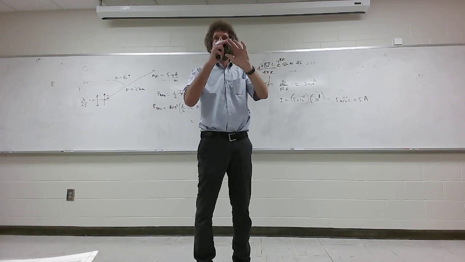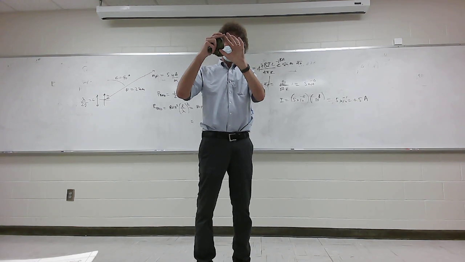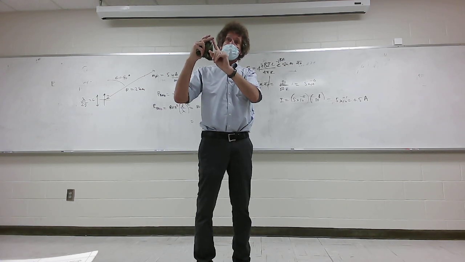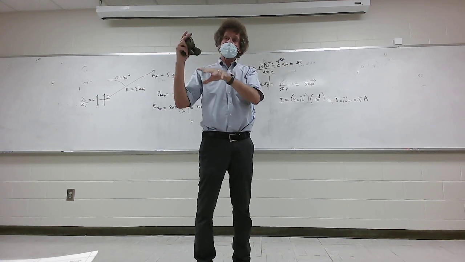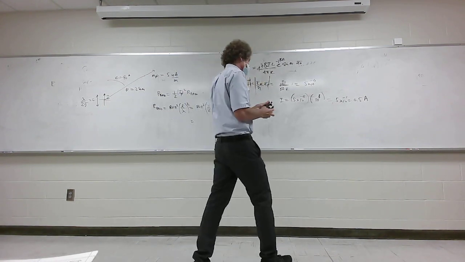Corona has to do with current. It's literally causing ionization very near the actual cylinder or point, and then it causes light emission. It'll be a high conductivity region, and current will flow there, but it causes a lot of loss. That's my real point. Now, back to antenna theory.